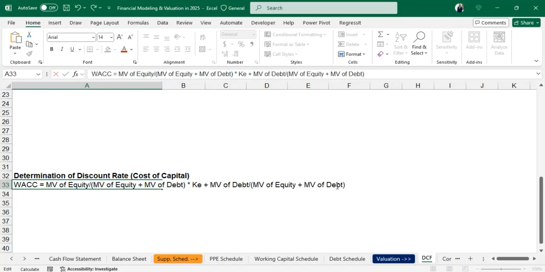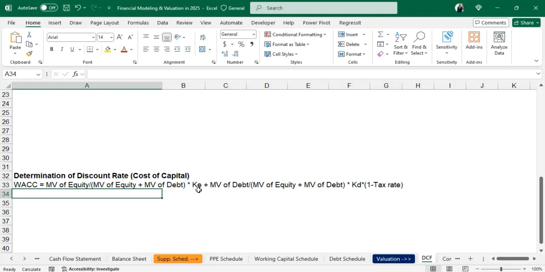Remember, I'm doing this for understanding purposes. So I'll multiply that by the cost of debt, which is denoted also as KD. But this cost of debt is going to be the after-tax cost of debt, and after-tax cost of debt is KD bracket open 1 minus our tax rate. So this is actually multiplication as well. So that is how we calculate our weighted average cost of capital.